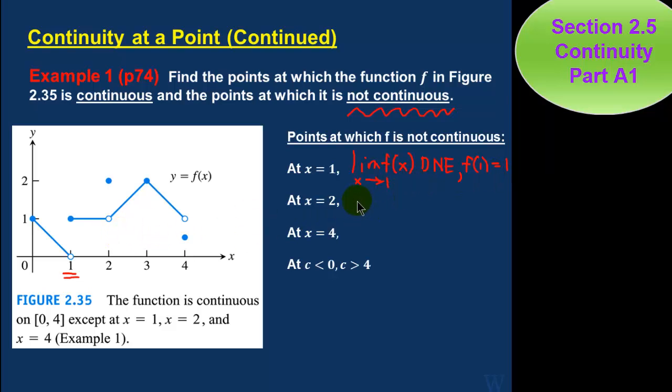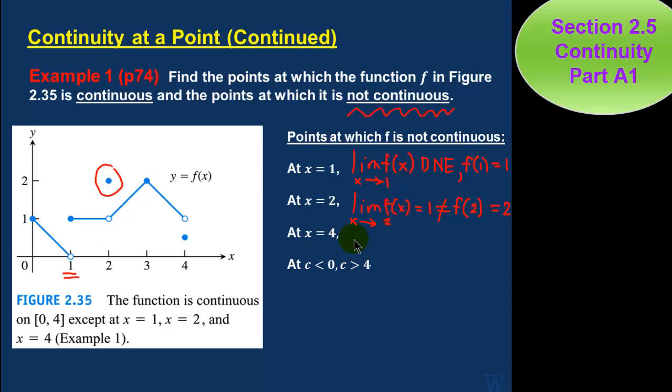At x equal to 2, the limit of f as x approaches 2 is 1. However, what is f of 2? It's 2, and they are not equal to each other.